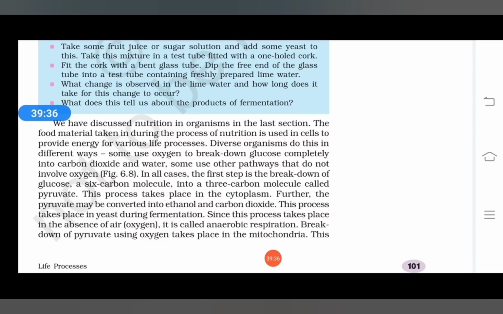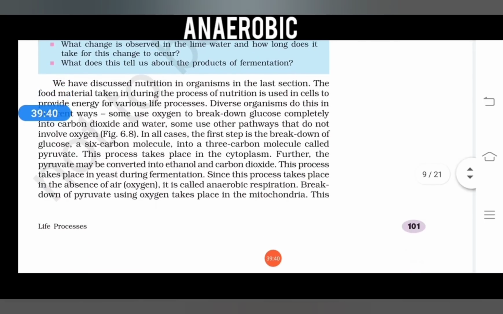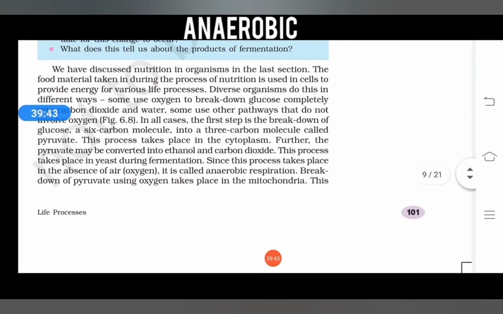Since this process takes place in the absence of air, it is called anaerobic respiration. Another important point: the process which takes place in the absence of air or oxygen is called anaerobic, and which takes place in the presence of air or oxygen is called aerobic.